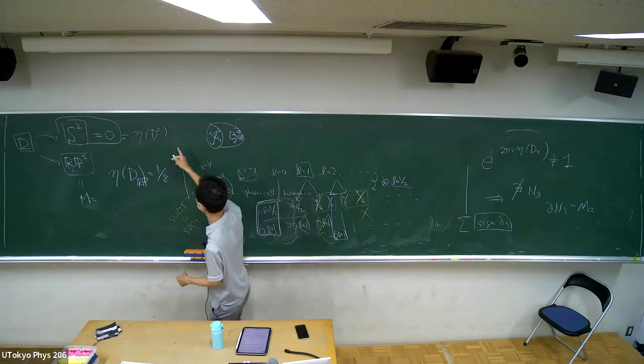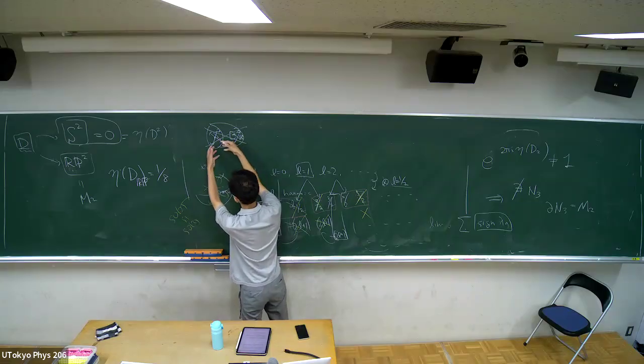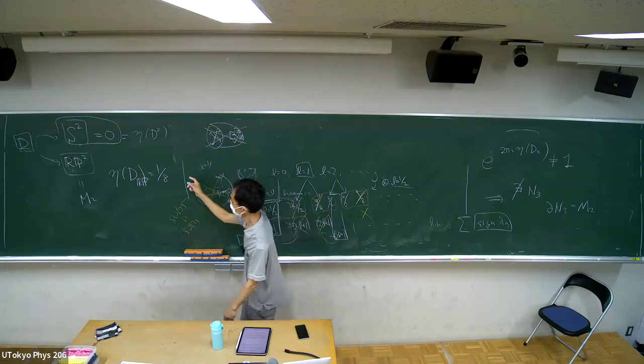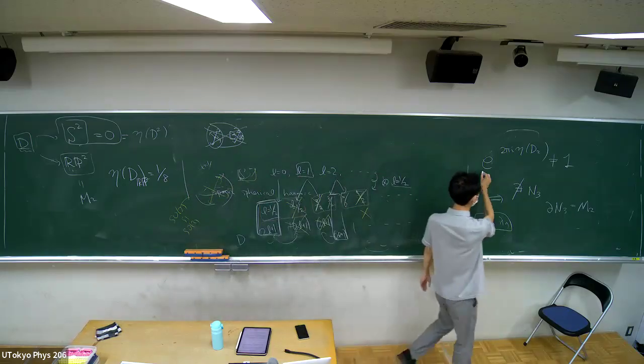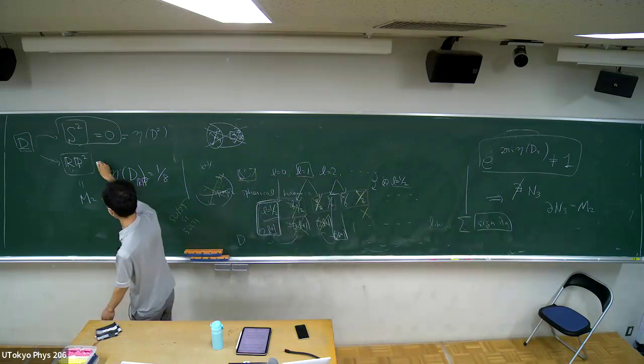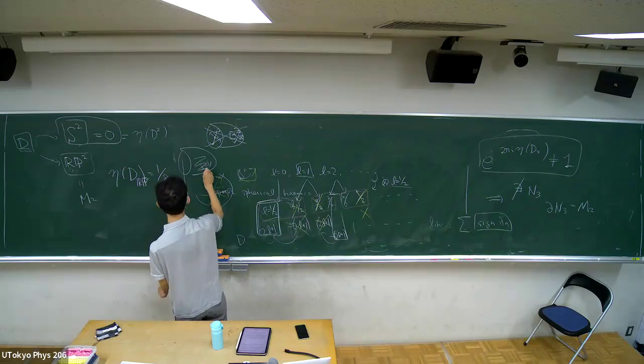So you cannot fill RP2 by quotienting the entirety of this. And this eta invariant being not 1 means that there's no way to have some smooth manifold filling in RP2.